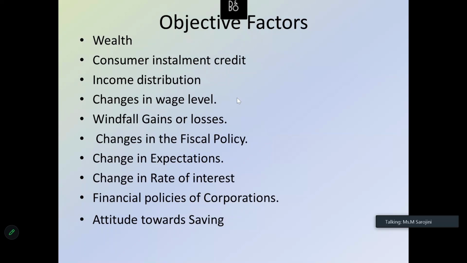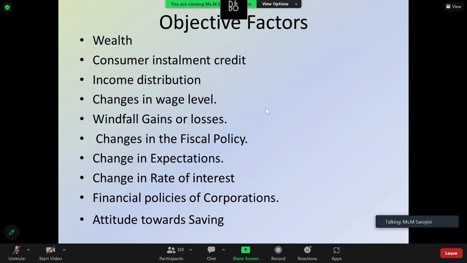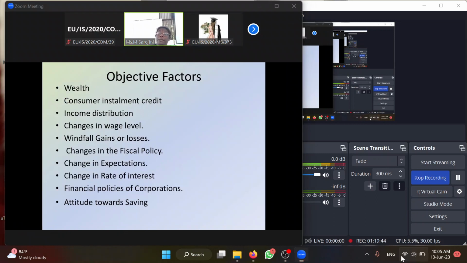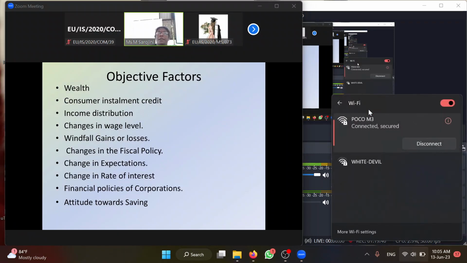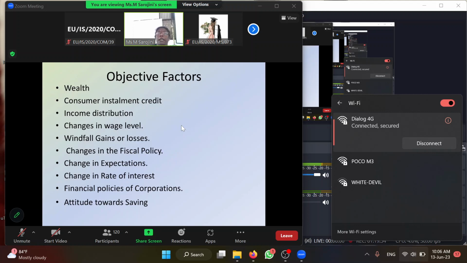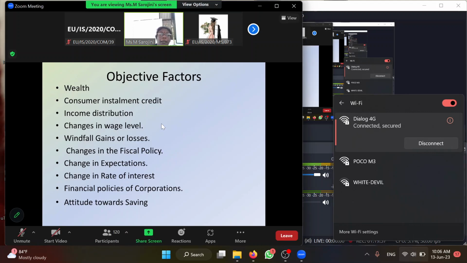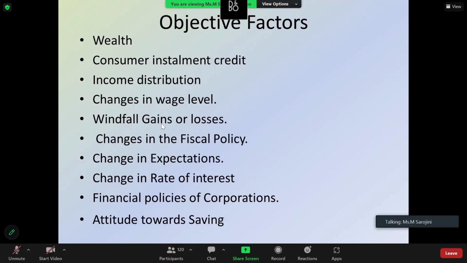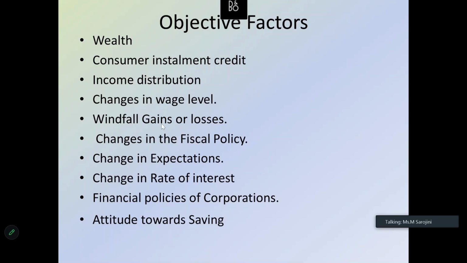And the financial policies of the corporations. If there are flexible financial policies, that causes the income to increase. On the other hand, if the financial policies are tight, that causes the income to reduce and they reduce their consumption as well.